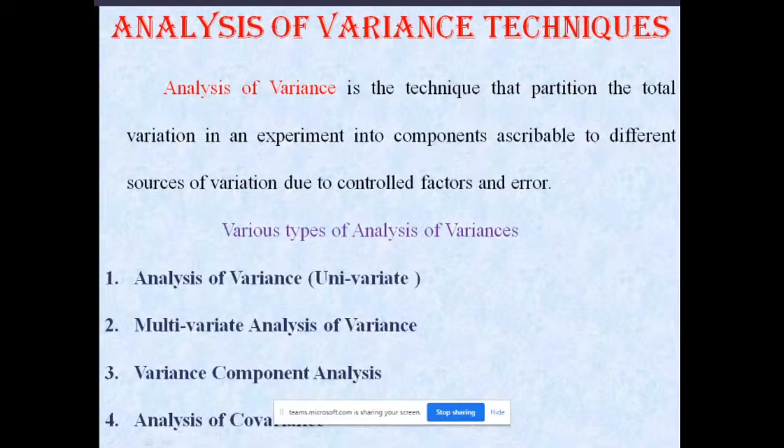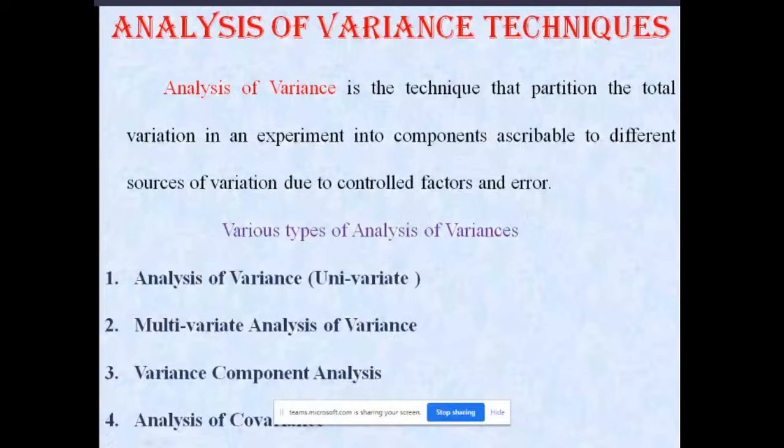In the analysis of variance, we have many techniques for the univariate case or for the multivariate case, and also based upon the statistical model that you are going to use, whether it is a fixed effect model or a random effect model. Based upon that, we call it ordinary analysis of variance or variance component analysis.